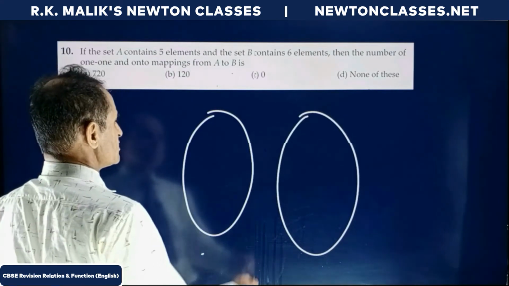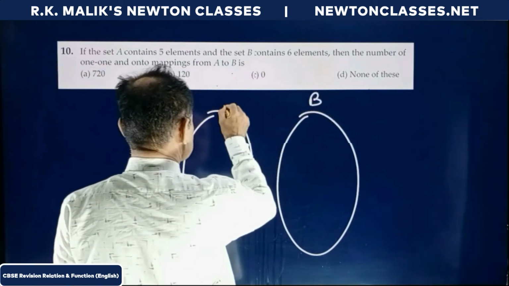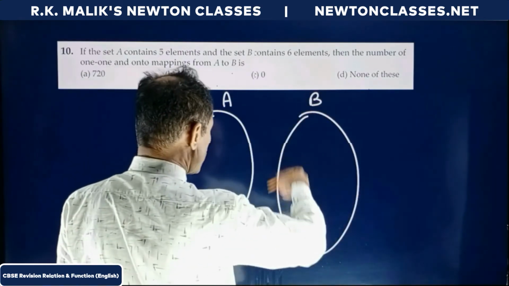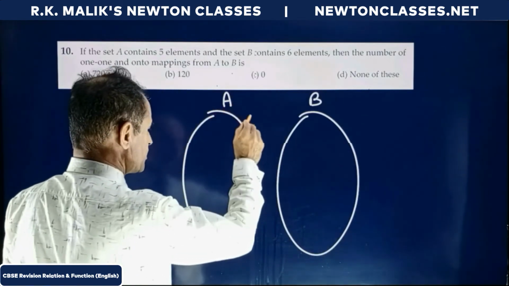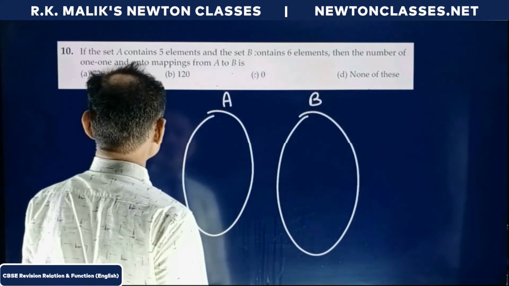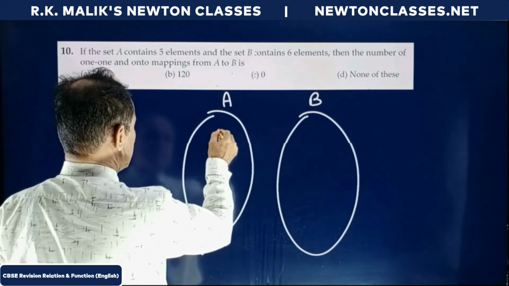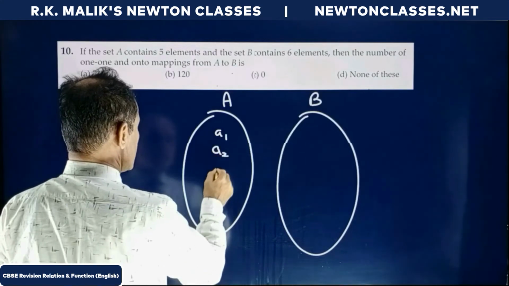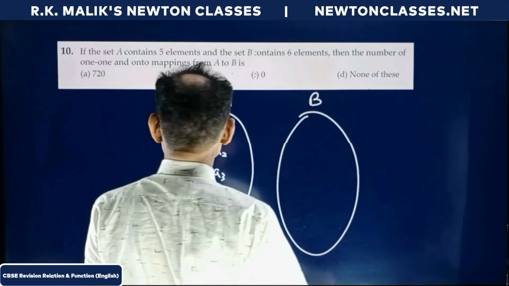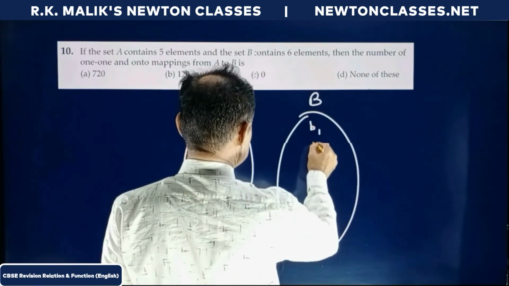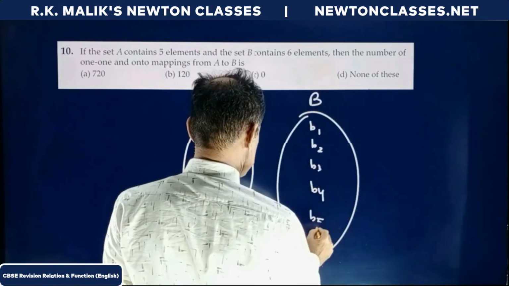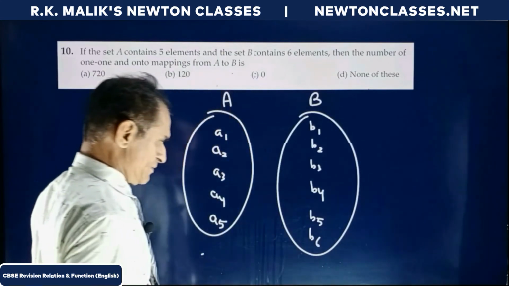Hence, if the codomain contains more elements than the domain, then an onto function is not possible. As in this case, set A contains the elements A1, A2, A3, A4 and A5. The set B contains the elements B1, B2, B3, B4, B5 and B6.